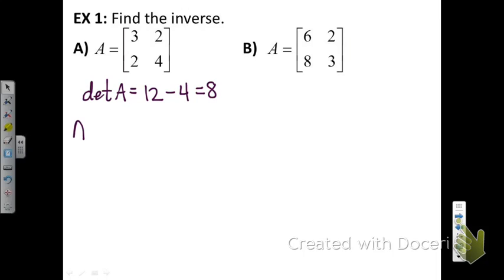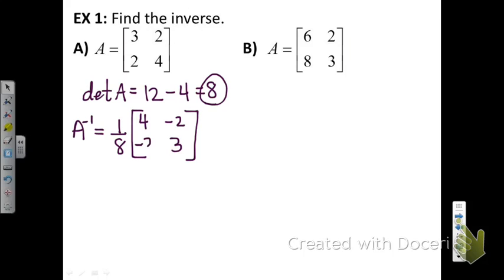To find the inverse of the matrix, we take the inverse of the determinant, so 1 over 8, and then we take our original matrix and we change places of the primary diagonal. So this value becomes 4, this value becomes 3, and then we change the signs of the other values in the other diagonal.